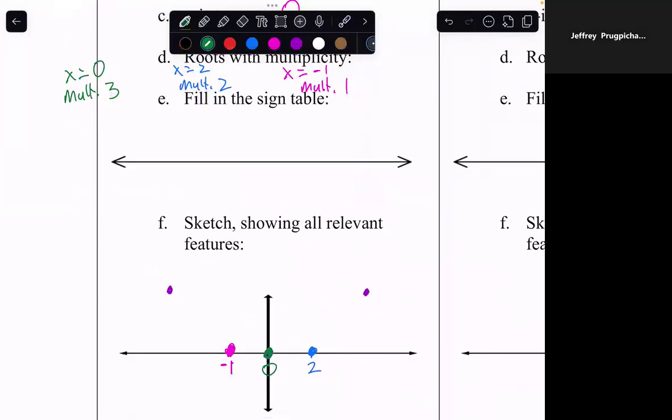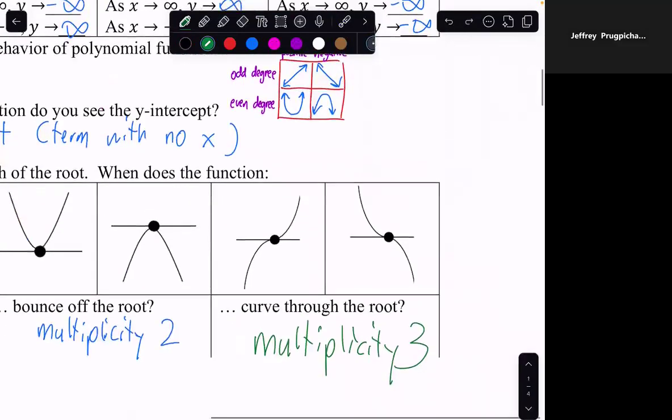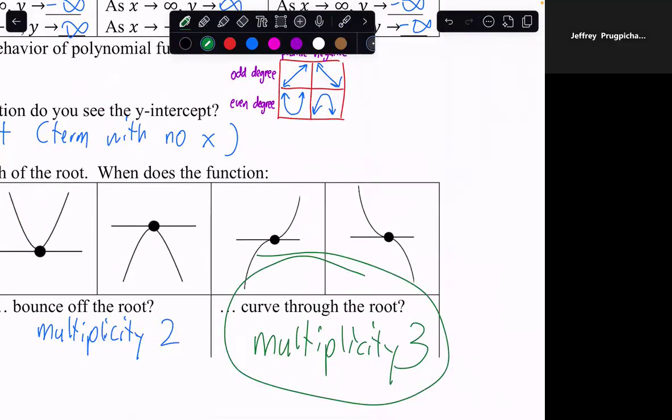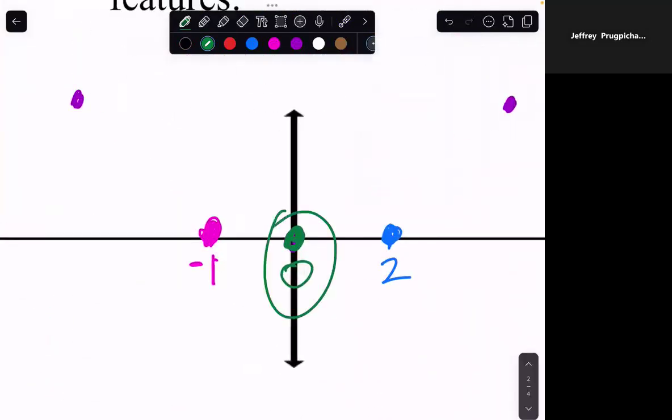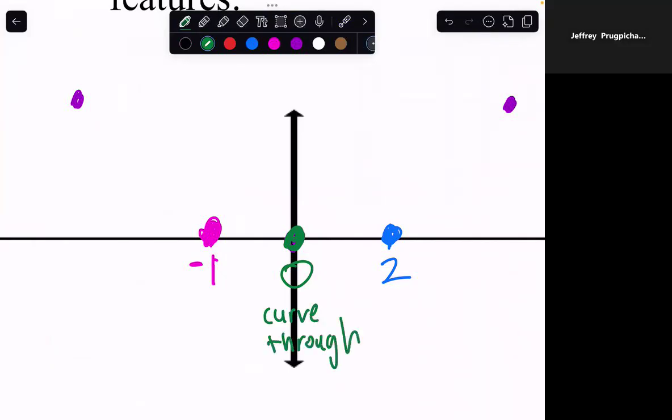I'll just go in order. So the root of x equals 0 has multiplicity 3. And we saw the pattern on the previous page. Multiplicity 3 means that the root curves through. So I'm going to say right here, at the root of 0, it's going to curve through. Once we understand, you don't need to write these words anymore, but just these first maybe 2 times will do it.